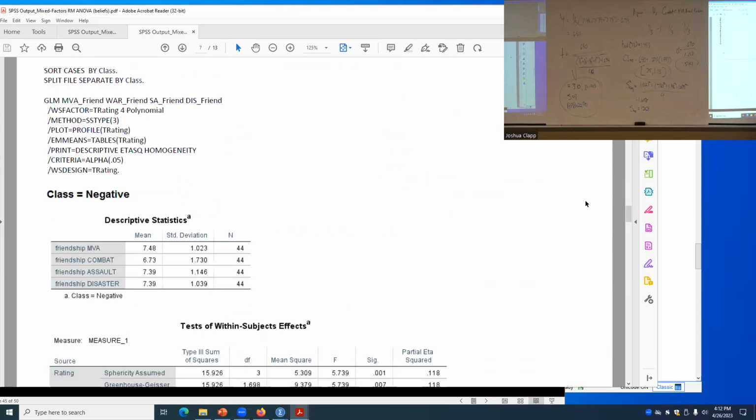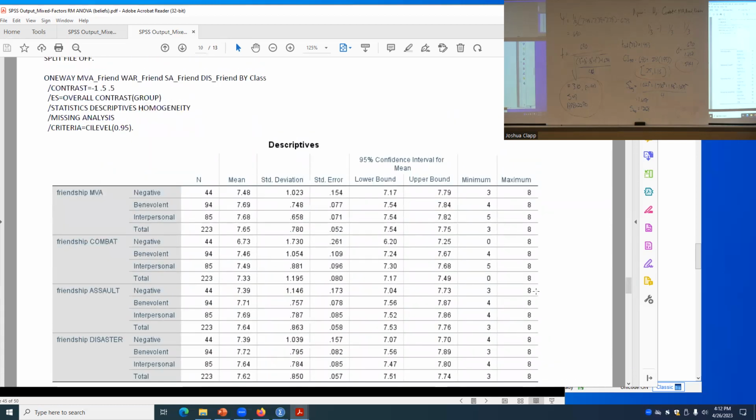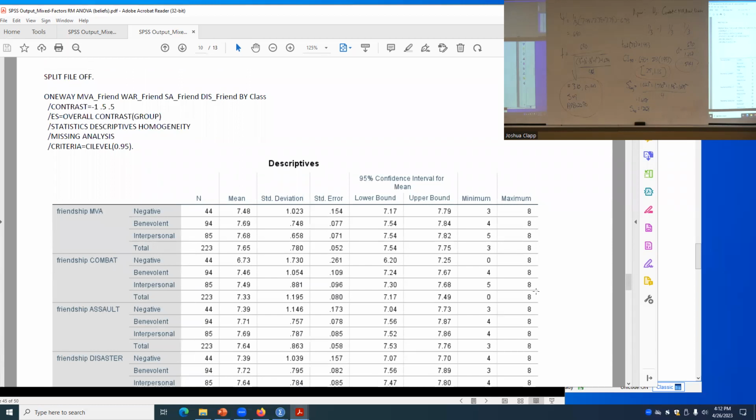So again, this is going to be a little bit easier because we're going to let SPSS do the work. Here it's nice because I've just got 3 groups. My comparison is that I'm expecting my negative group to be different than the combination of the other 2 groups. So I can just run this as a series of one-way ANOVAs, right?